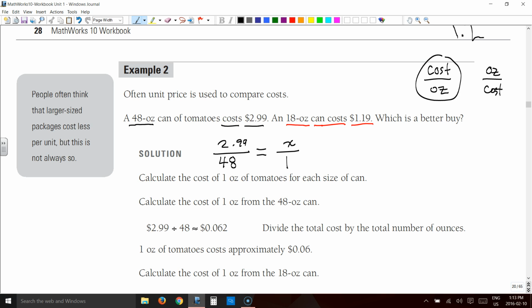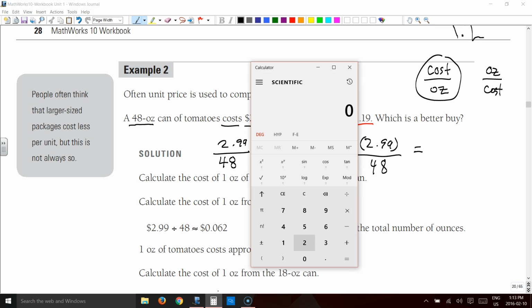So we've set it up. $2.99 for 48 is how many dollars for 1 ounce, and cross multiplying and dividing. So X is going to be $2.99 times the 1, which I won't show, divided by the 48. So that tells me that the $2.99 needs to be divided by 48 instead of the other way around, which means that X is, all right, this is not working. $2.99 divided by 48.